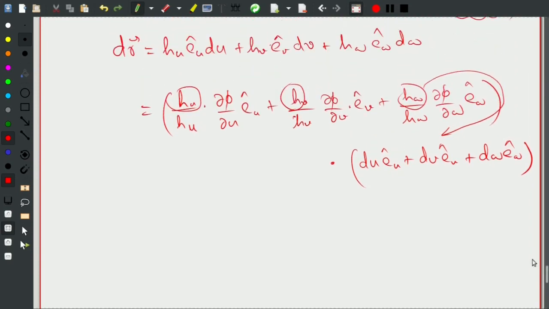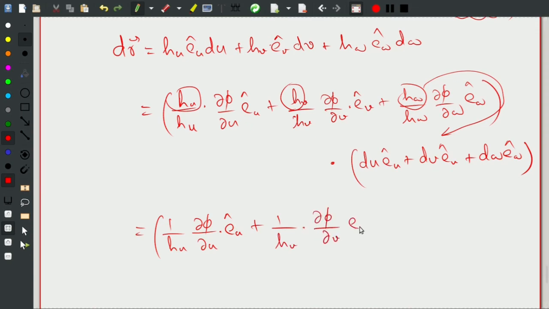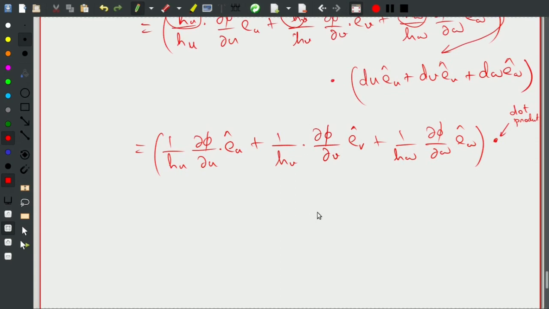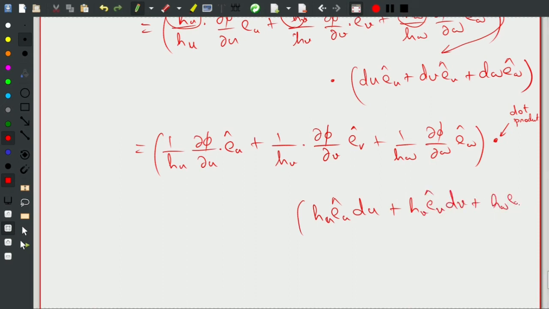If we relocate h_u, h_v and h_w, we have 1/h_u ∂φ/∂u e_u cap plus 1/h_v ∂φ/∂v e_v cap plus 1/h_w ∂φ/∂w e_w cap, dotted, and always remember it's a dot product, with h_u e_u cap du plus h_v e_v cap dv plus h_w e_w cap dw.